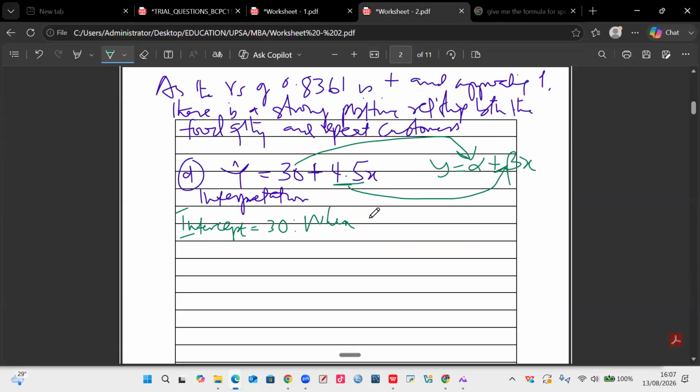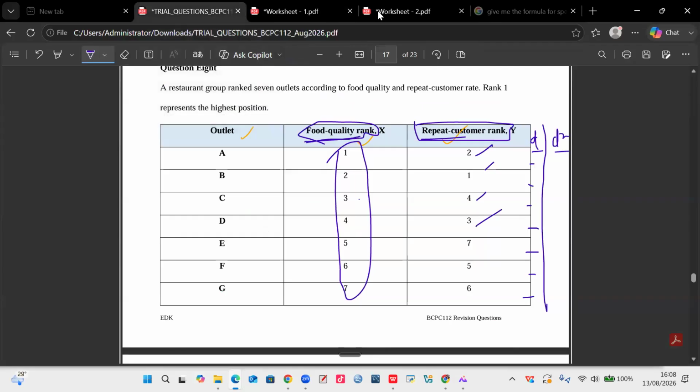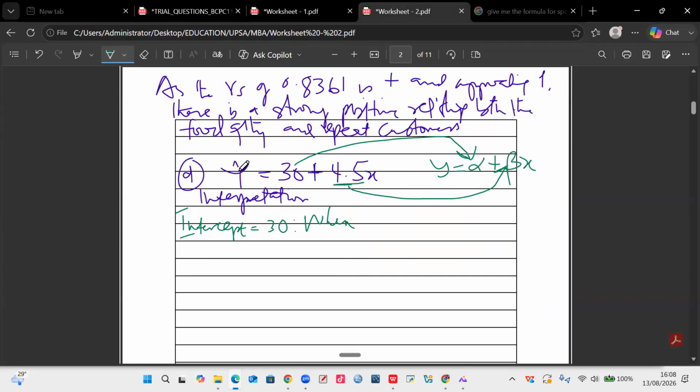So when food quality rank is 0, Y is equal to 30.